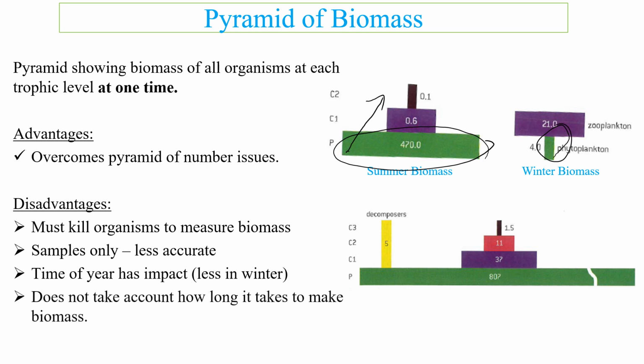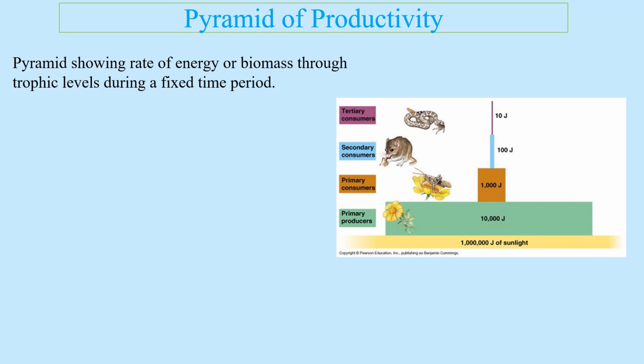It also doesn't take into account how long it takes the biomass to be made. So a third option, which is used within ESS, is a pyramid of productivity, and this will always decrease. This is a pyramid showing the rate of energy or biomass that moves through the trophic levels at each time.